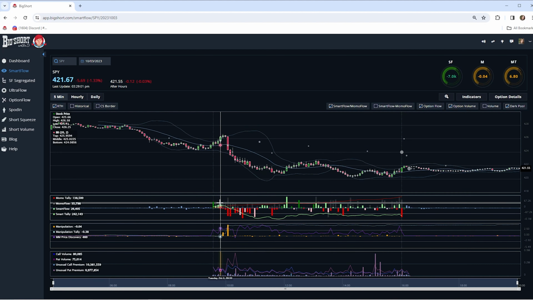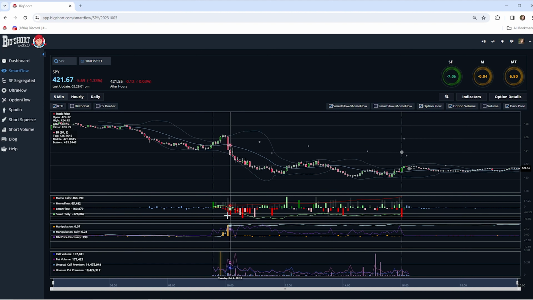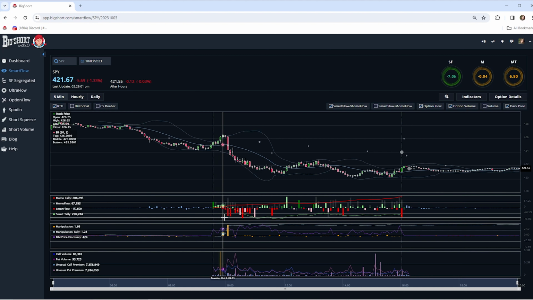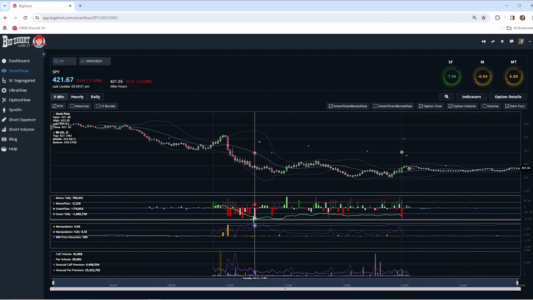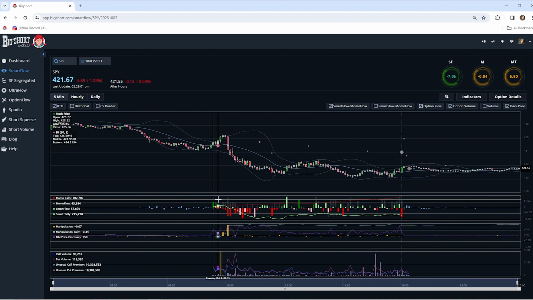On the smart flow pane, we differentiate between smart money or smart flow and Momo money or Momo flow. The bars are the individual smart flows and Momo flows for that 5-minute candle, and the lines are the aggregate of both. Dark red bars means that smart money is selling while Momo is buying, and dark green means that smart is buying while Momo is selling.